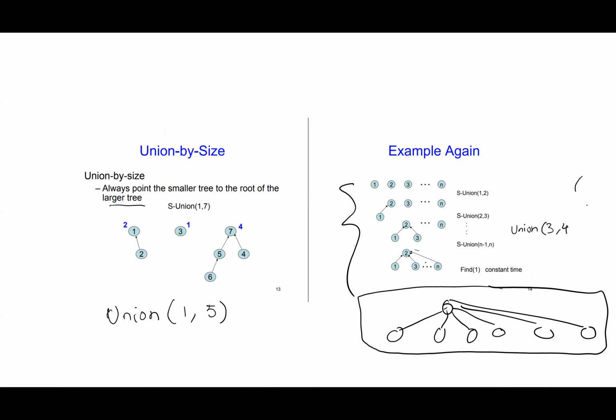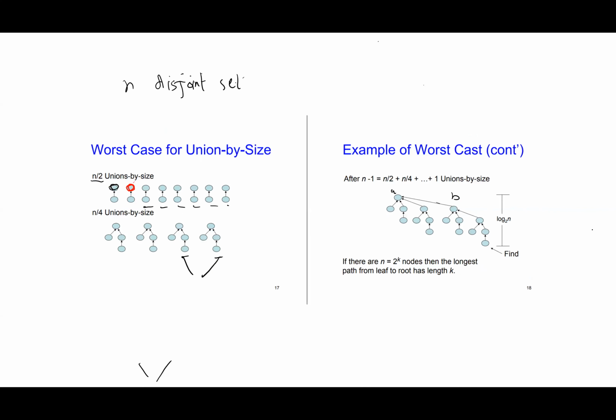So this was a very feel-good situation, but there are cases where we can gain height. The tree may gain height, and this is the worst height that the tree may get, where half of the disjoint sets are unioned together, and then the next half like that.